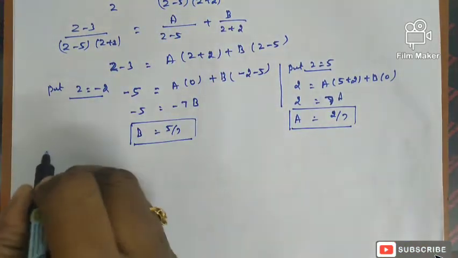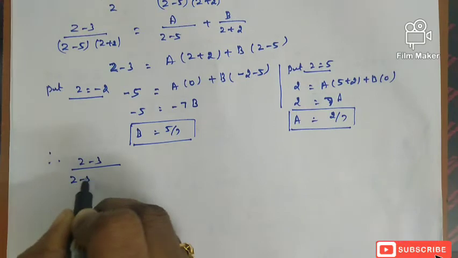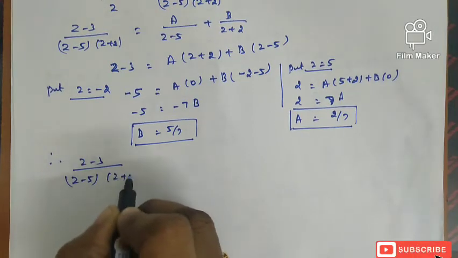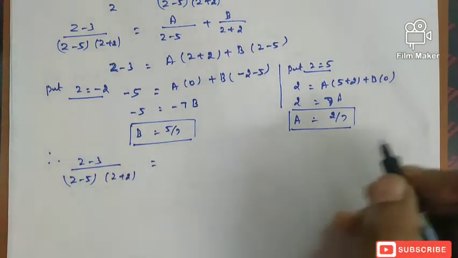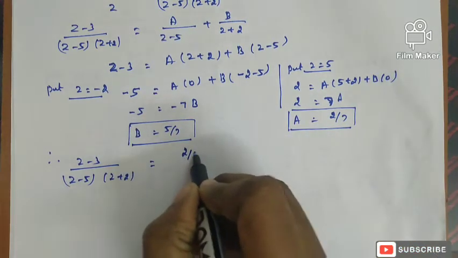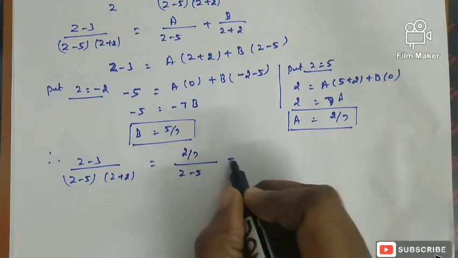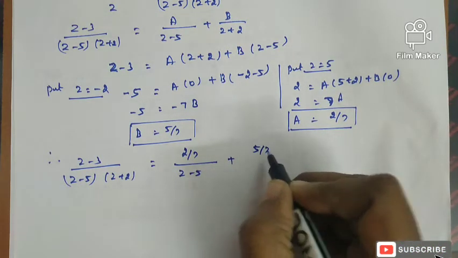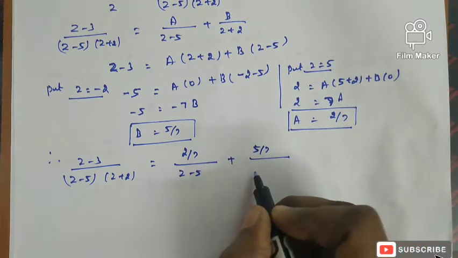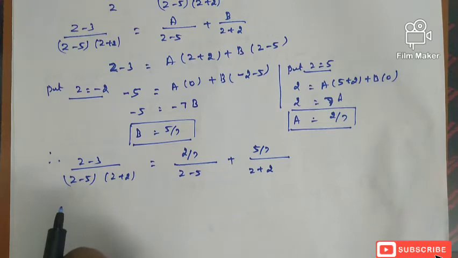Therefore, substituting in this one, (z minus 3) by (z minus 5) into (z plus 2) equals a by, so what is our a? A is 2 by 7. So 2 by 7 divided by (z minus 5) plus b, which is 5 by 7, divided by (z plus 2). Now take z inverse on both sides.